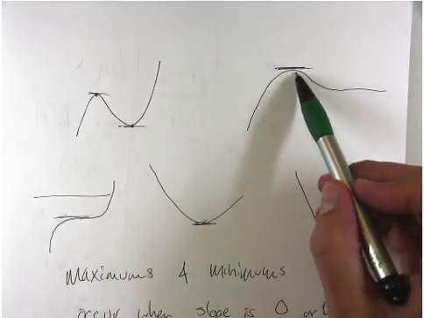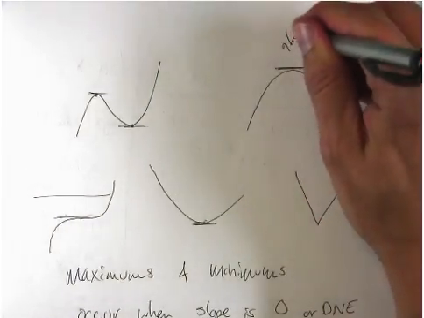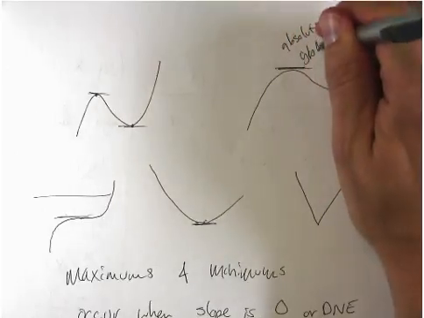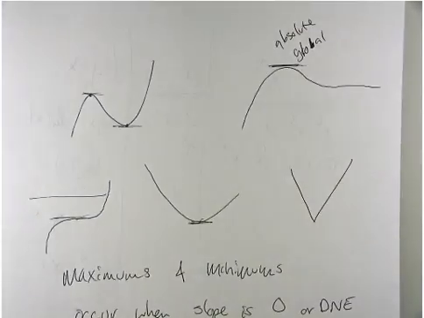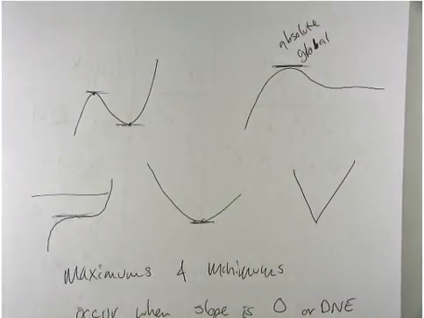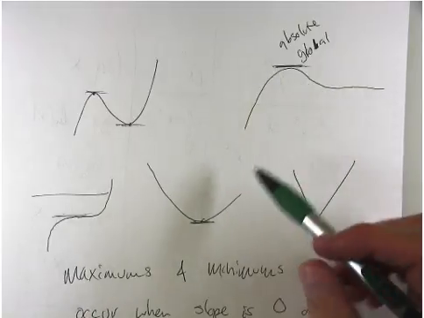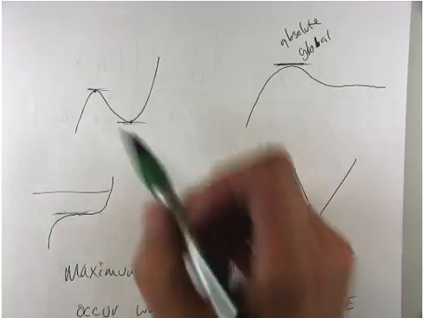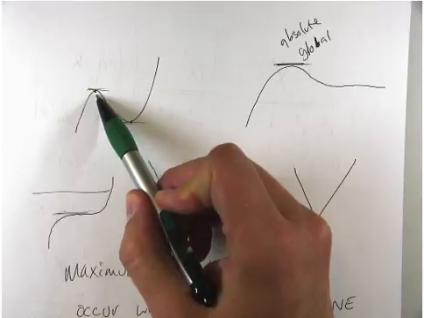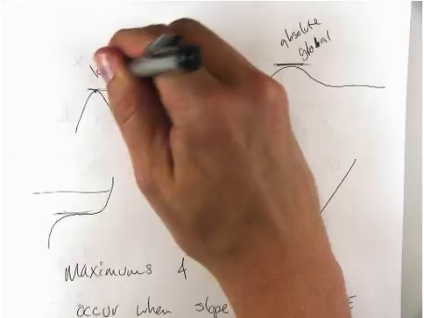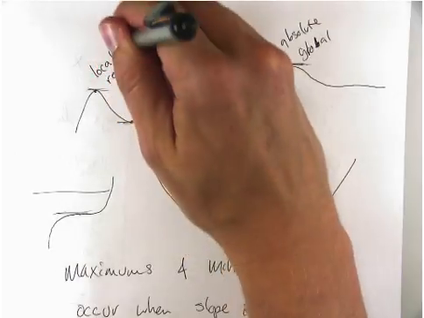We call these types of maximums absolute or global. If it is the biggest from a global perspective, anywhere, then it's an absolute or global maximum. If you're just a maximum that's bigger than the people that you're around, then you're called a local or relative maximum.